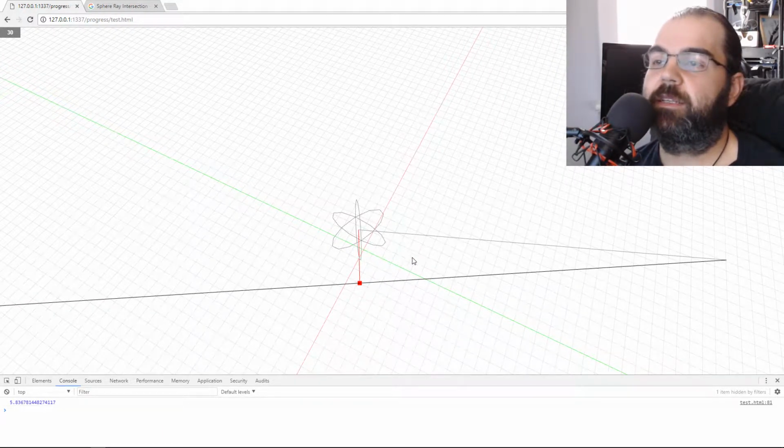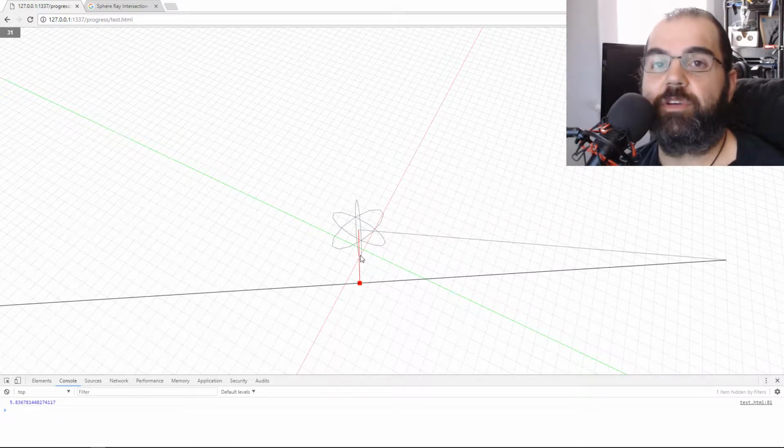Since we know this length, and our t projection is the length that we need to travel on the normalized ray to get here, we know this length. So by knowing the lengths of two sides of a triangle, we can very easily determine the third side of the triangle.